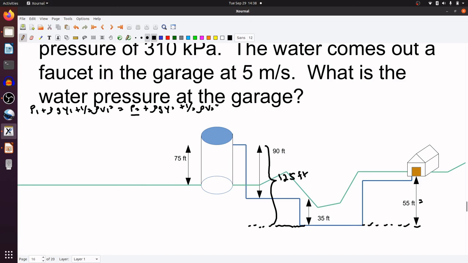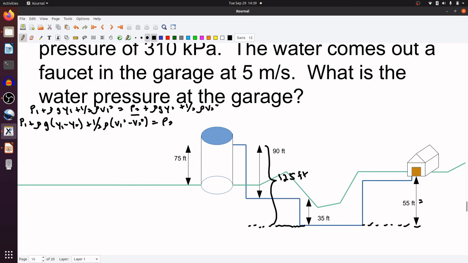We're looking for P2, so I'm going to pull all this to the other side and pull some things out. That gives me P1 plus rho g, and then that'll be y1 minus y2 when I pull it over, plus 1/2 of rho (V1 squared minus V2 squared), and then that's all equal to P2.